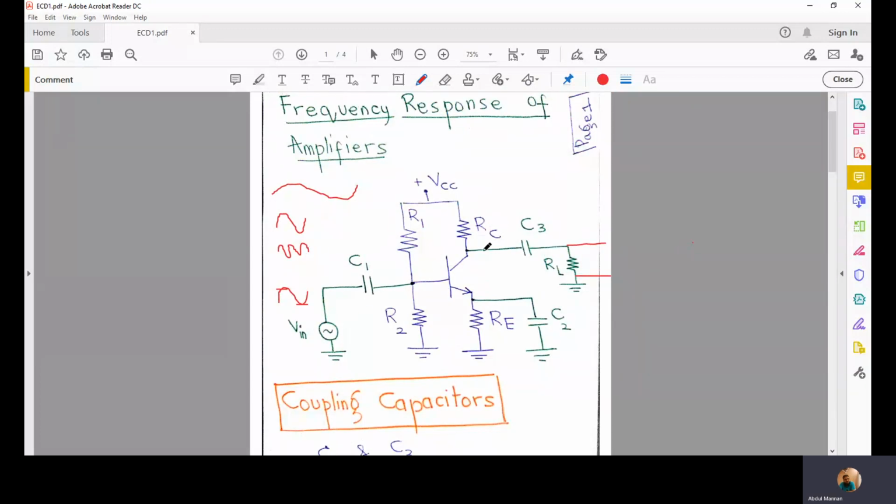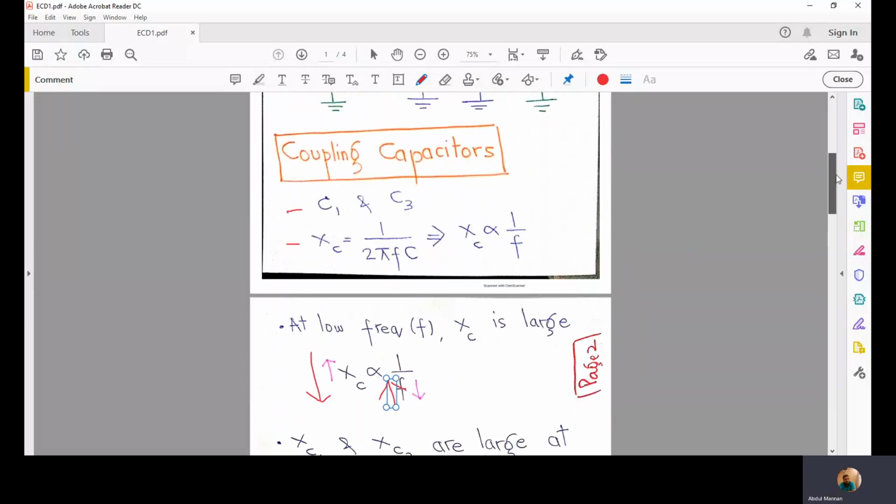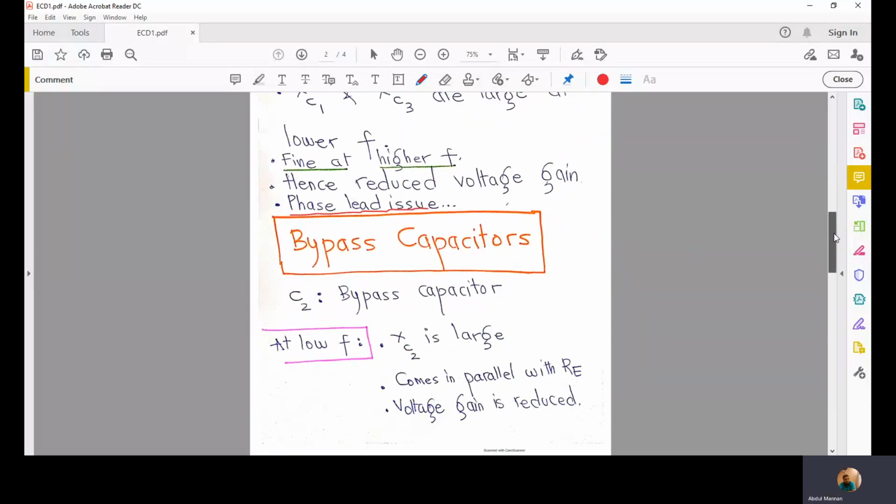So there will be some phase lead. Similarly, this is also a series RC circuit, and there will be a phase lead in the voltage that we get across RL. So that is another issue in addition to a smaller voltage gain at lower frequencies.